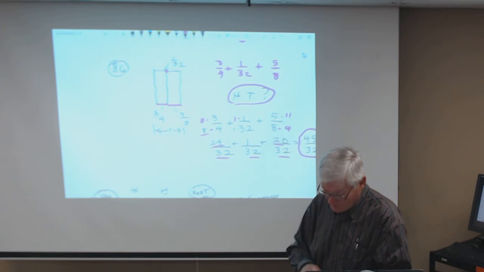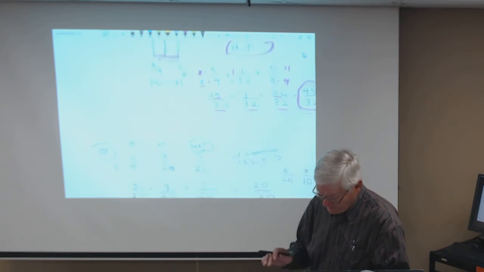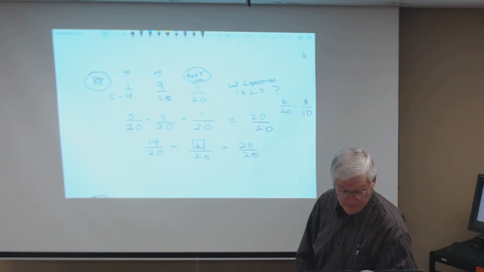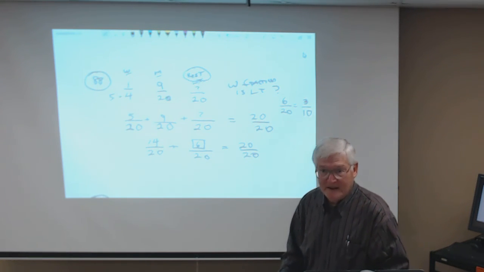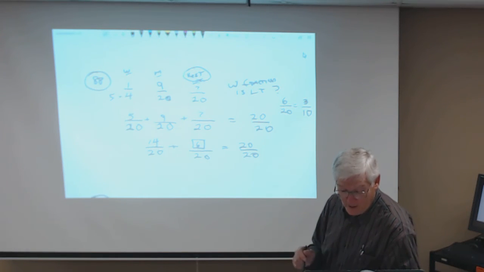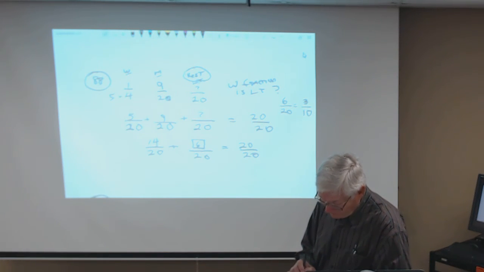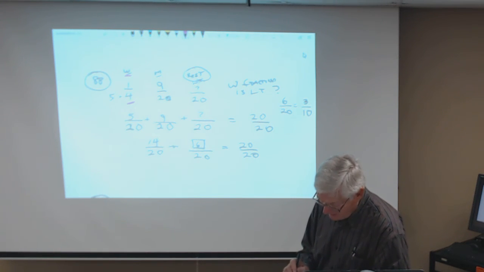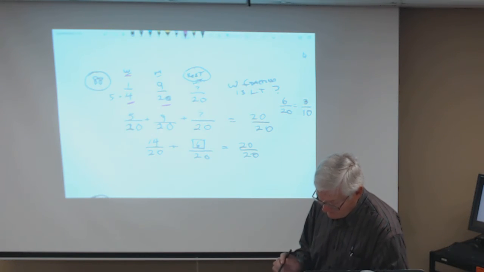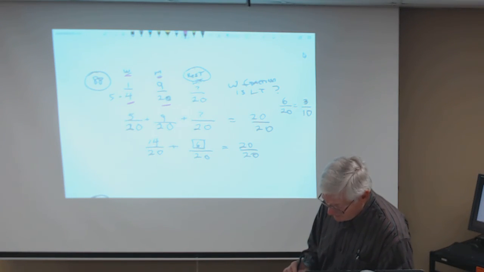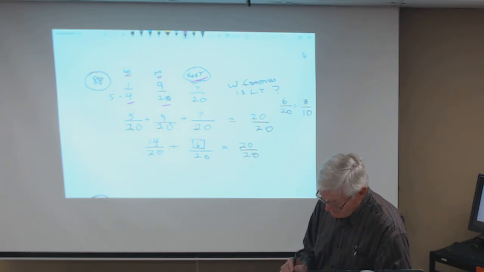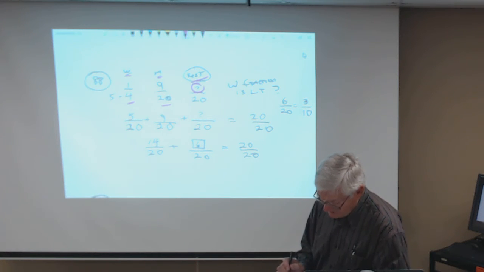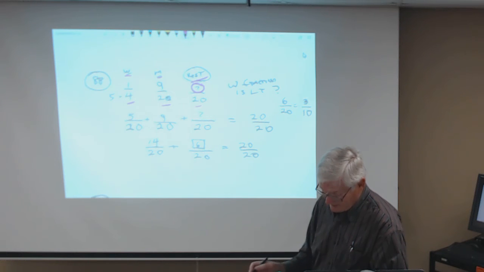Number 88. What does it say? Human bones are 1/4 water, 9/20 mineral, and the rest is something. Where'd I get over 20?